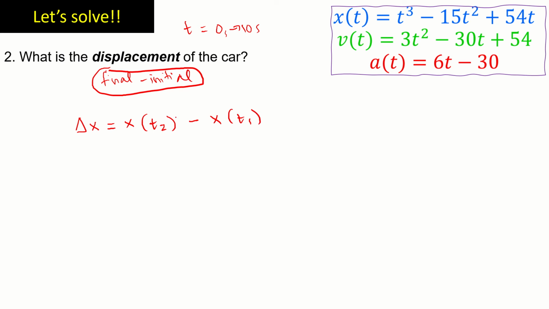Okay? So, looking into the 3 different functions that we have, which one can answer for you something with displacement? The position, the velocity, or the acceleration? Obviously, since you're looking for displacement, which is in meters, you're going to use the first one, which is your position-time graph, because that is the position.